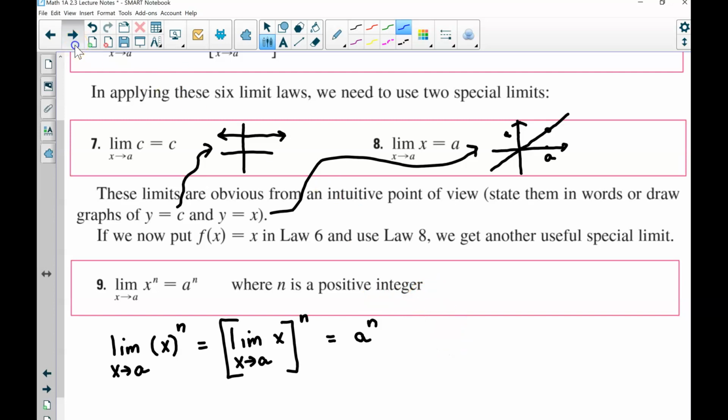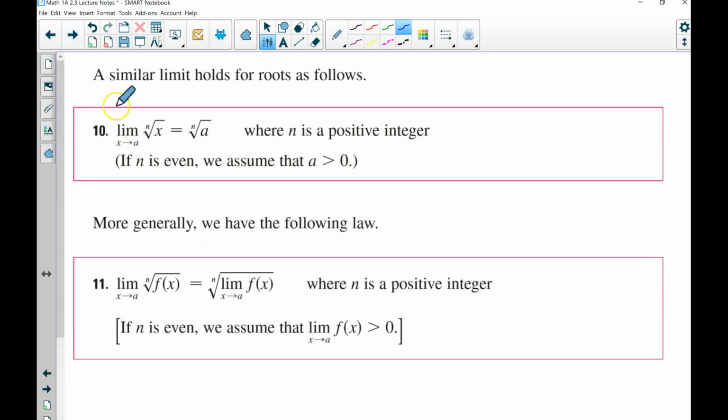Okay, now there are other limit laws here, so additional limit laws. A similar limit holds for roots as follows. We can say that the limit as x approaches a of the nth root of x is equal to the nth root of a, where n is a positive integer. If n is even, then we have to assume that a is greater than 0.